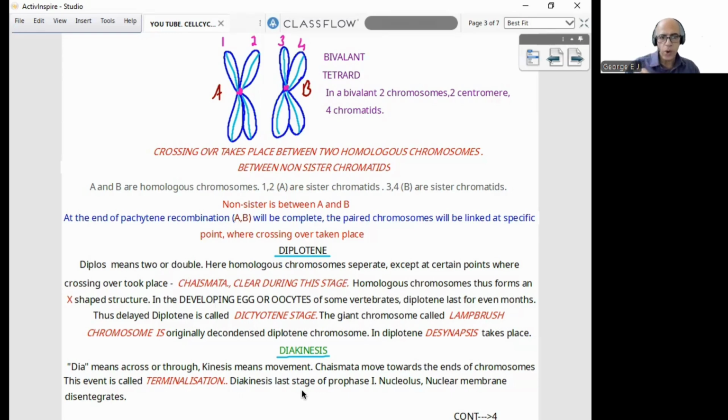This event is called terminalization. These are the crucial words: dictyotene, terminalization, desynapsis, pairing. Diakinesis is the last stage of prophase I. At the end of the prophase, we know the nucleolus, nuclear membrane, etc. disintegrate. That also takes place here. I think it is clear.